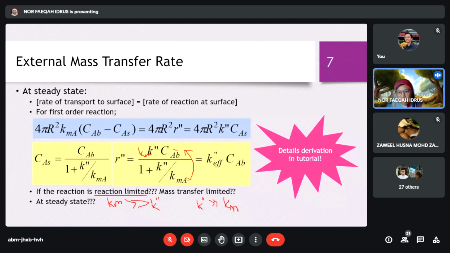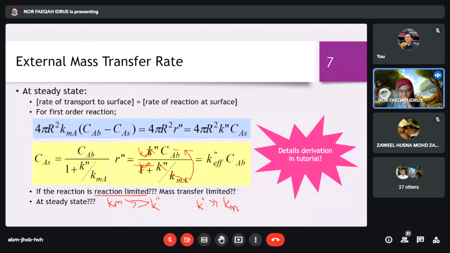So, okay, I cancel this one. So this one also becomes Km. Okay, this is when mass transfer limited. So Km plus K, this K is much larger, we can cancel out. Then this K with this K can cancel out later. So the overall rate equation becomes R equal to Km CAB when mass transfer limited.